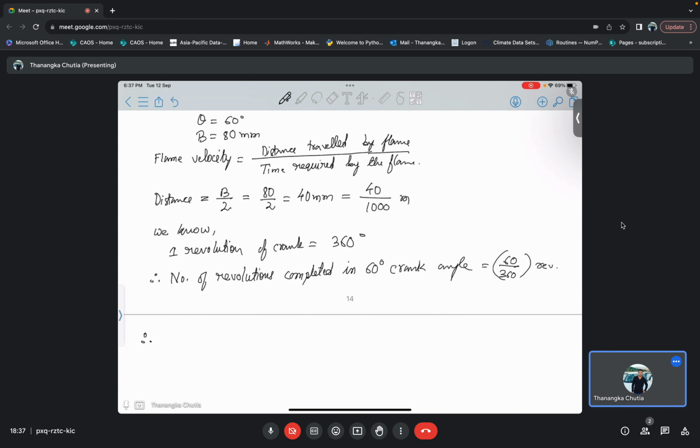Therefore time required T is equal to what? Number of revolutions divided by number of revolutions per unit time.